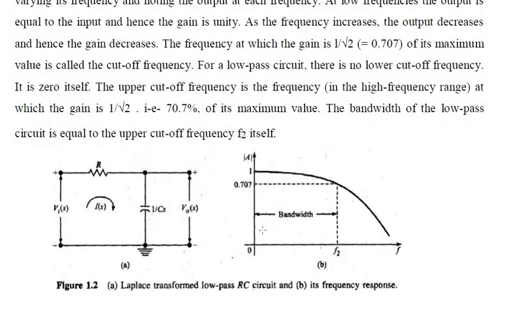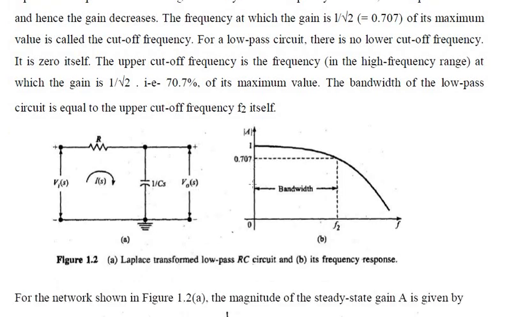You will not have any lower cutoff frequency, you will have only an upper cutoff frequency, that is 0.707. As the frequency increases, your gain decreases and goes to 0. So this was about your low pass RC circuit and its frequency response.